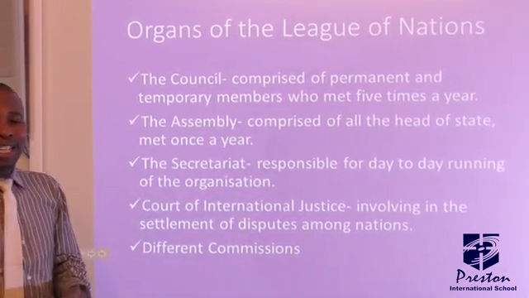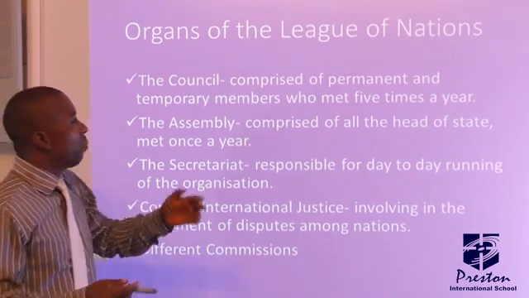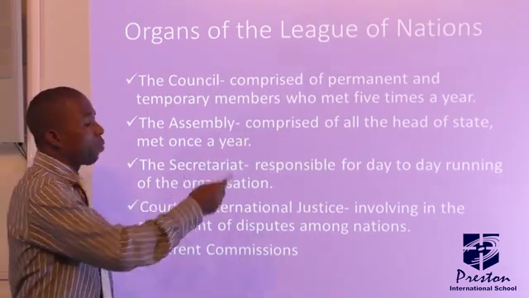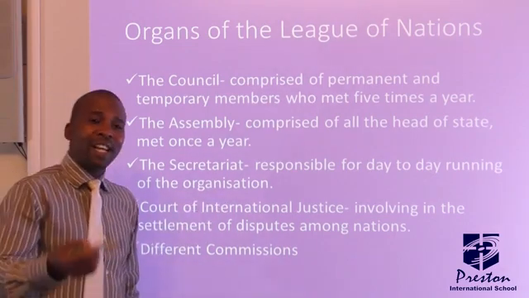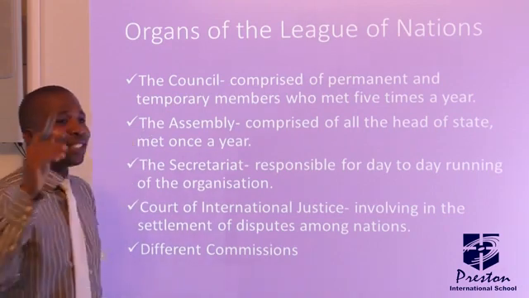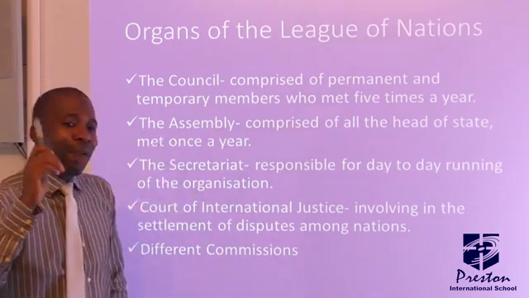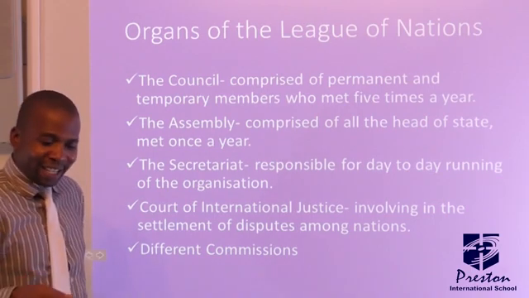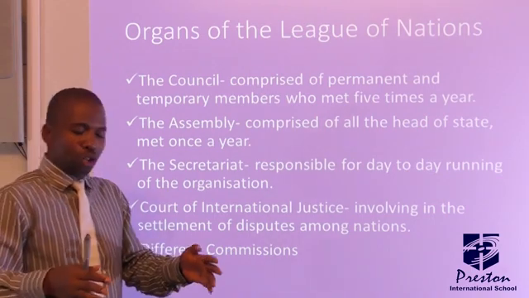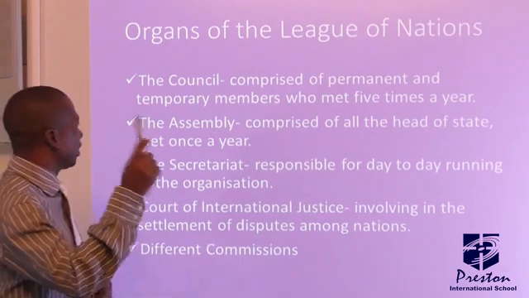The permanent members are the powerful nations, while the temporary members are the countries that are voted in every 5 years. They meet 5 times in a year to decide the fate of the world, to decide the way forward if there are any disputes in the world at that time.